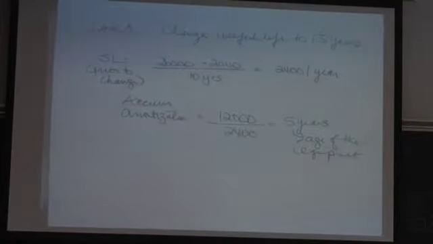Now, conceivably, I didn't have to give you the year of purchase, right? What we would have been told is only that at the beginning of year 6, there was a change. But you can still figure out how old the asset is by determining what the amortization expense is per year and dividing that into the 12,000 to determine the age of the asset.